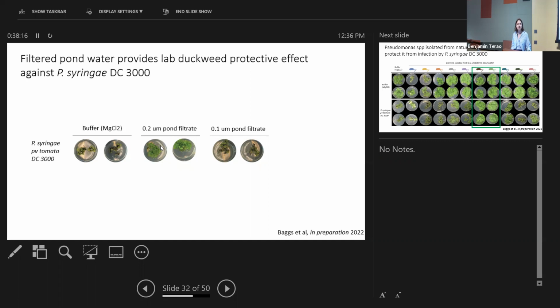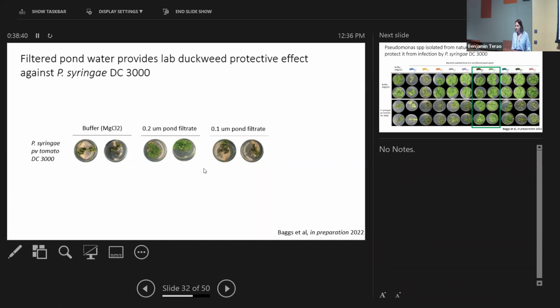But then it turned out, and this was again Aaron searching the literature, if they boiled the water, the effect went away. If they passed that water through a 0.1 micron filter, which would pass all the viruses through but not the tiny bacteria, including some Pseudomonas, the effect went away.